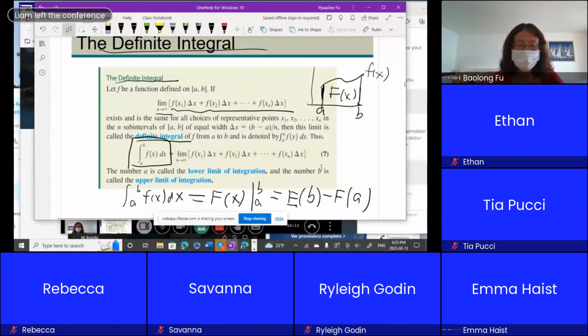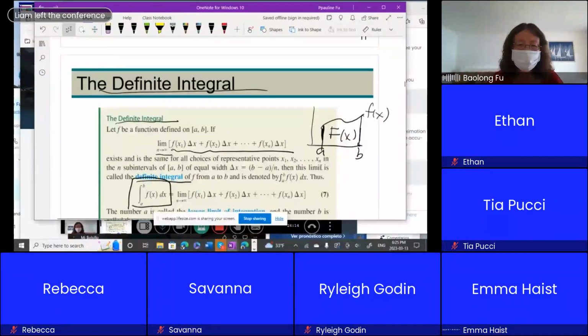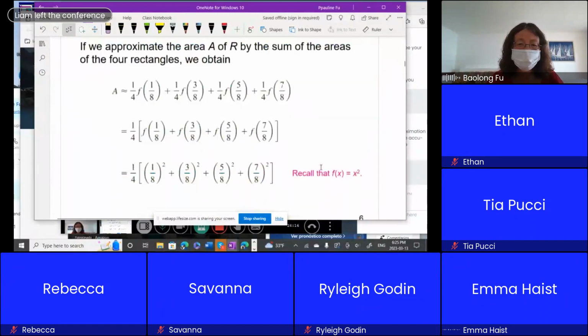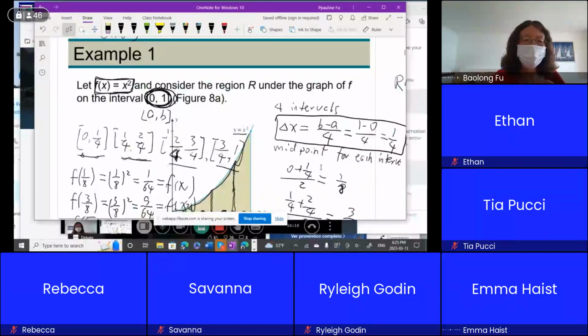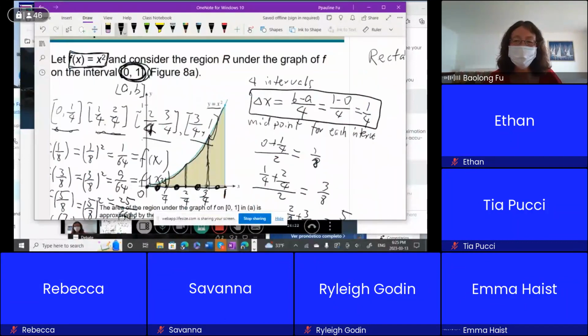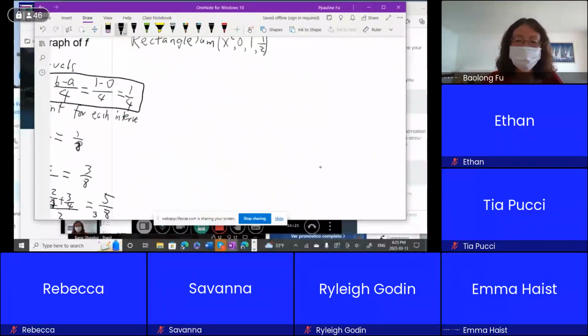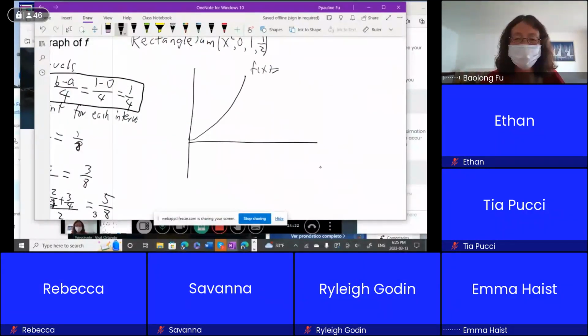Okay. Now go back to our first example. Remember, we are asked to do this if f(x) equals x squared. This is 0, this is 1, this is y, this is x.